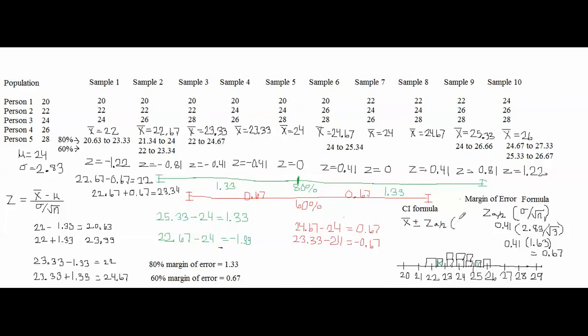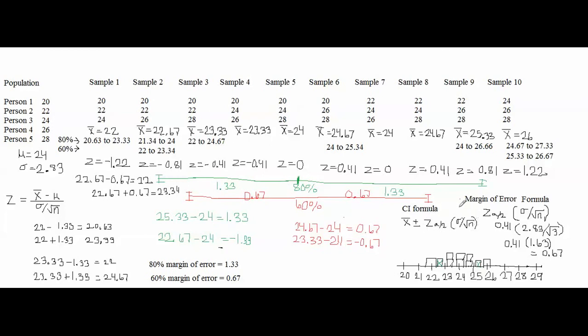All this formula is saying is that to get a confidence interval, you take the sample mean, the x bar, and you add and subtract the margin of error. Because this entire piece that comes after the plus or minus sign is the margin of error.